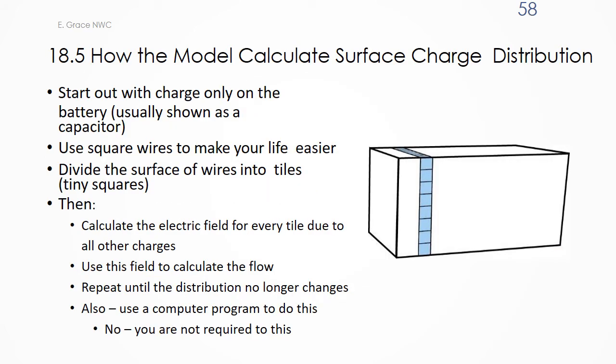Now, if you wanted to really understand it in detail, you could model the surface charges through a series of little squares. So you would start out with a charge only on the battery, which is typically shown in simulations like this as a capacitor. You would divide the surface of the wires into little tiles because you want to make your life easier. And then you would calculate the electric field for every tile due to all the other charges, and you'd use this field to calculate flow.